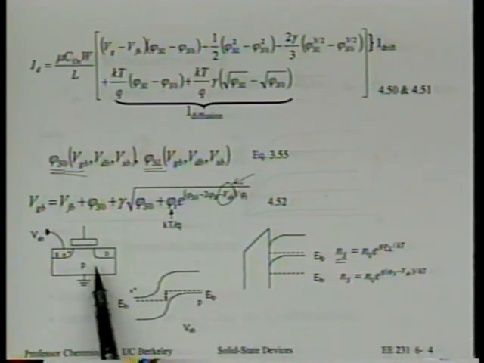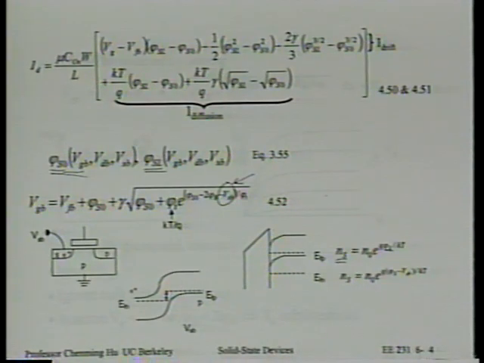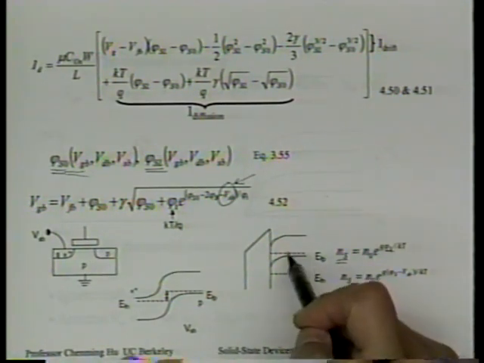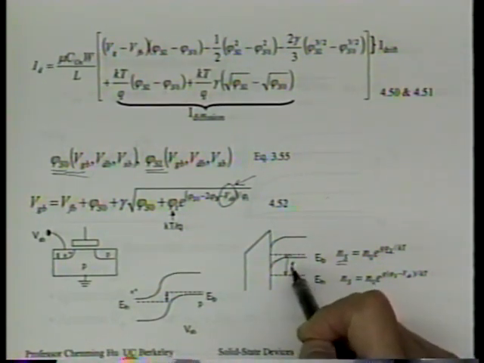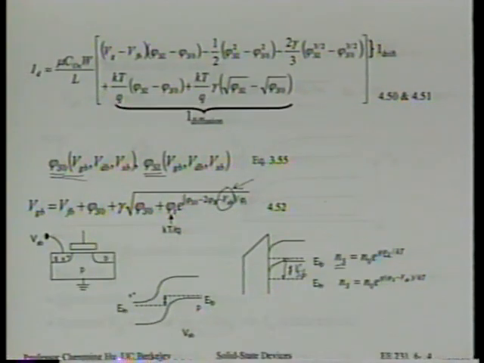It's the P side, the body side Fermi level. Right? Yes? So we know now EFP is here. Where is EFN? EFN, of course, is somewhere lower than EFP, somewhere here. Lower by how much? Lower by qVSB, of course. Is that right? Is that right?